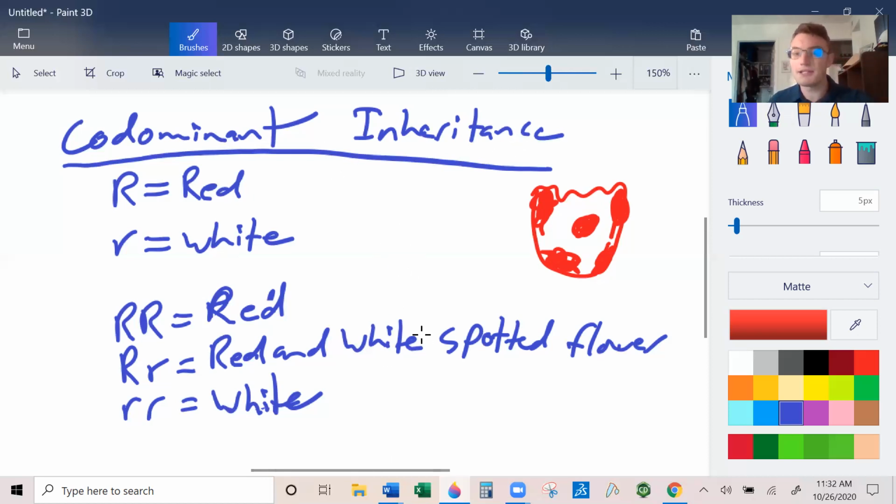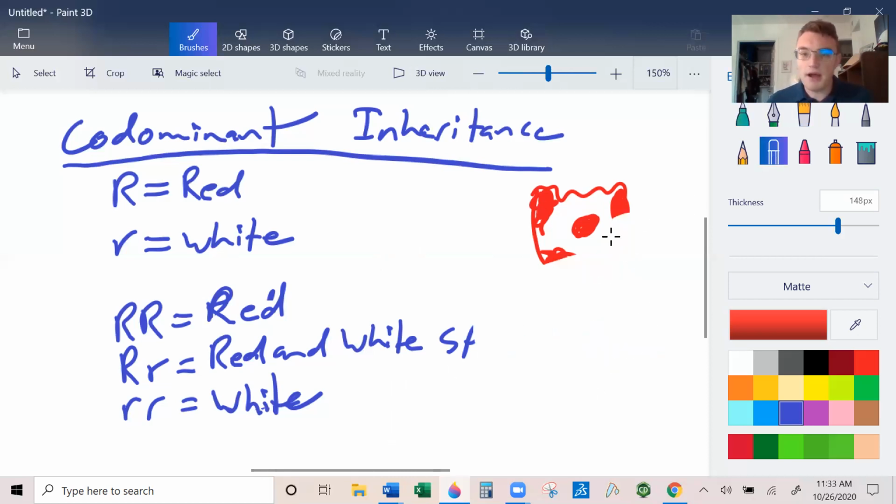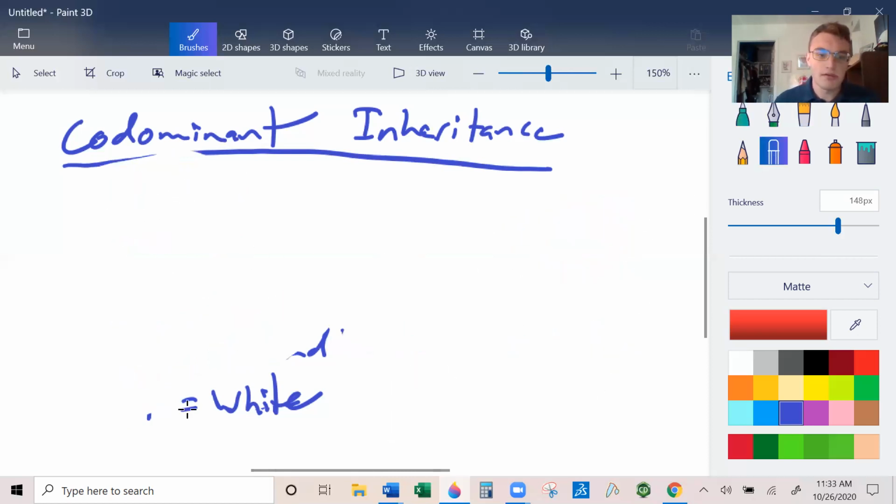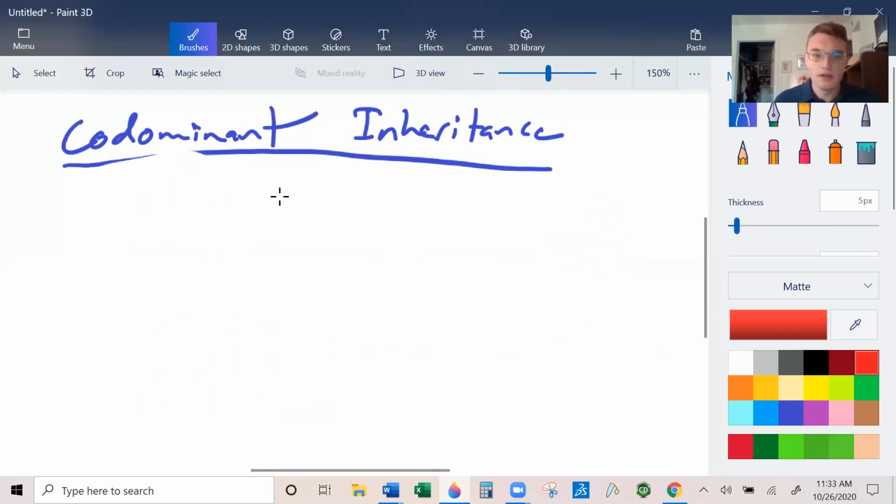So yeah, that's codominant inheritance right there. You get spots. Again, if we do a Punnett square here, I've got my big R equal to the red allele, and the little r equal to white.